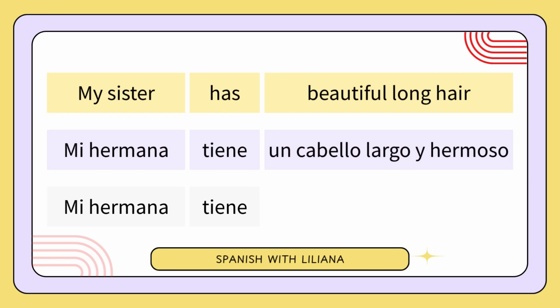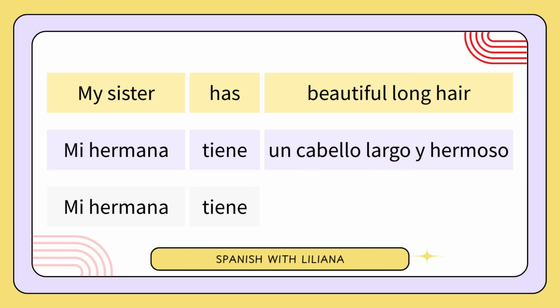So it becomes un cabello. Hair is used more like a countable and singular noun. That's why we use the article. Think about it as a collective noun, the entire set of hair on the head. This specific sentence can be arranged in different ways.